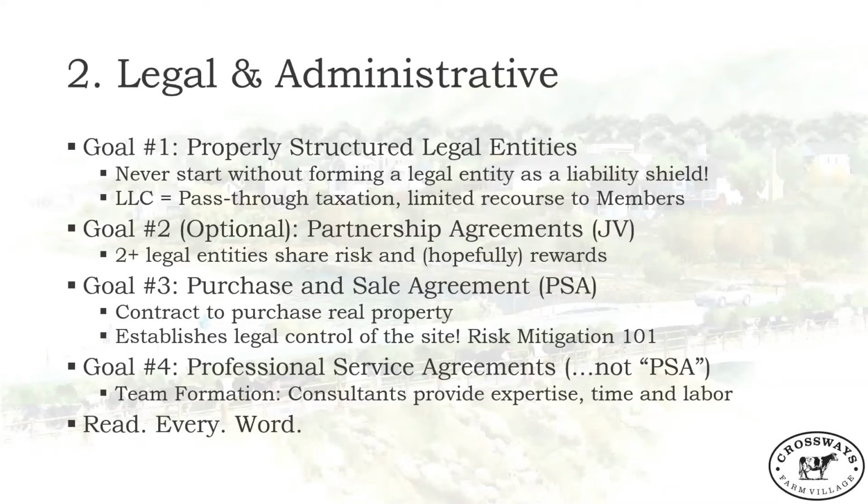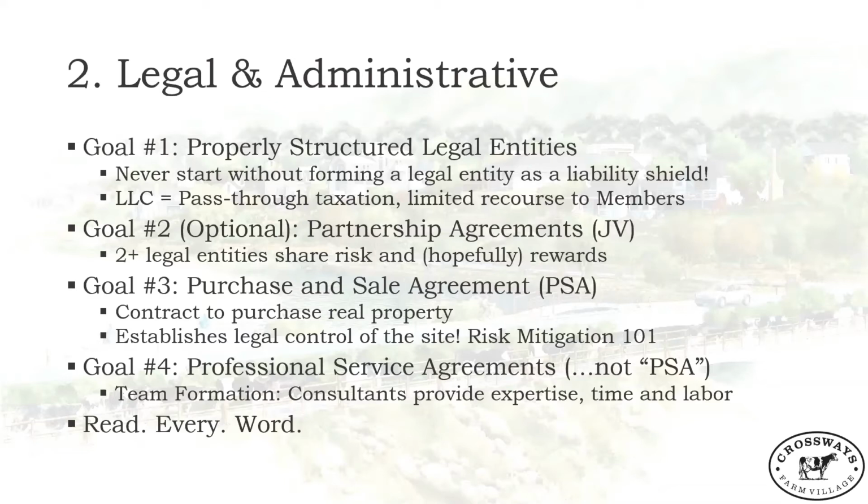So what you need to do is secure all of these positions, and you need to establish legal control of the site, because if you don't have legal control, somebody can steal it right from underneath you and you're going to lose all your money. Not fun. So first, you and Moneybags are each going to create legal entities to ensure that your personal belongings, like your car, your house, your dog, your firstborn child, aren't going to be taken by the bank if you go belly up.